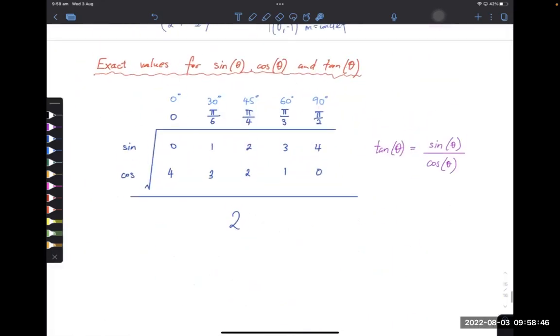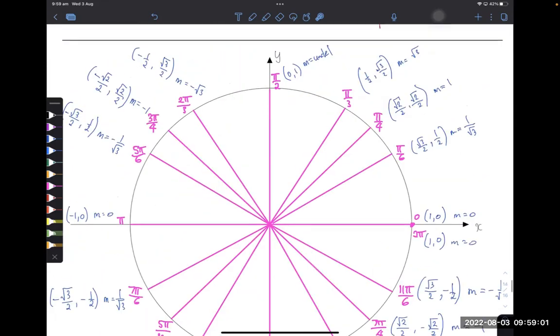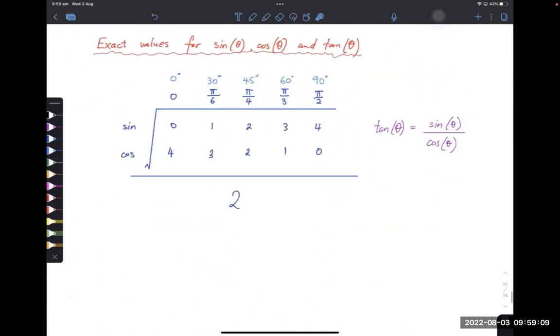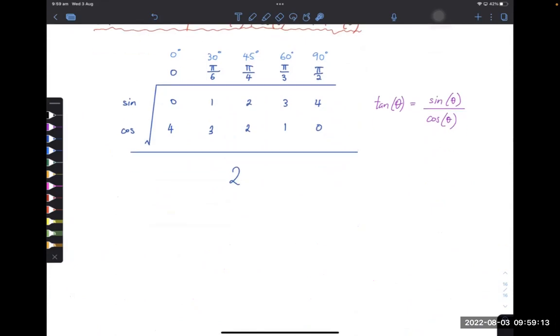There is the hand method. There is also this method here. Pi on 4. So what's sine of pi on 4? Well, it's square root of 2 over 2. Sine pi on 4, square root 2 over 2. Okay, we're going to learn how to use this table, but I'm also going to teach you the hand method.